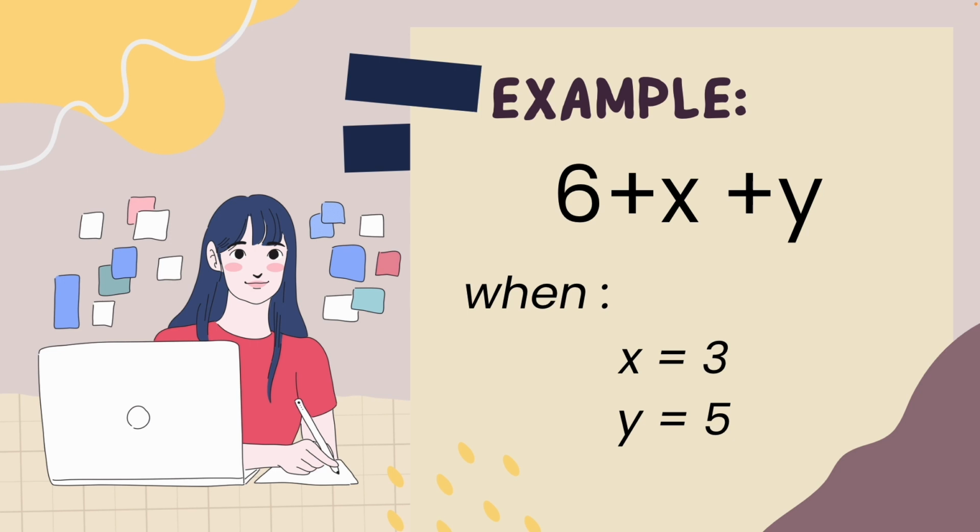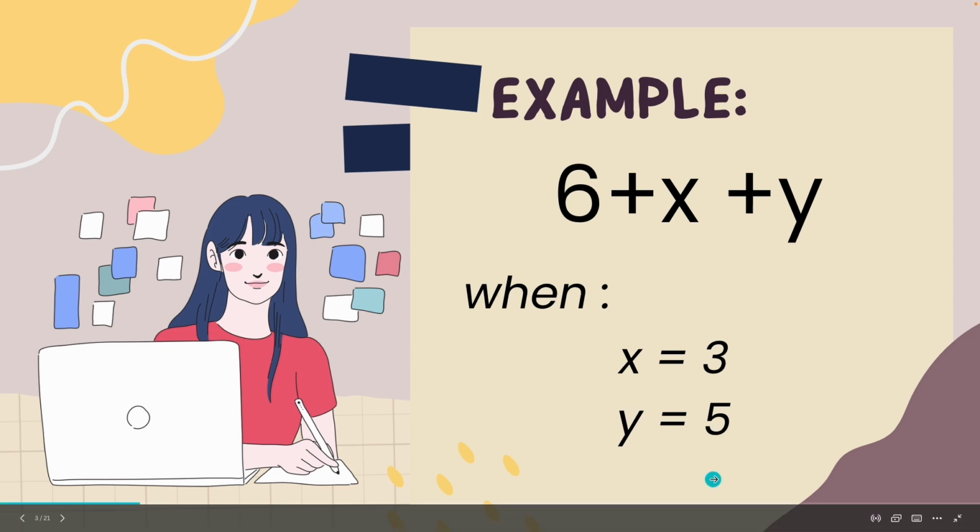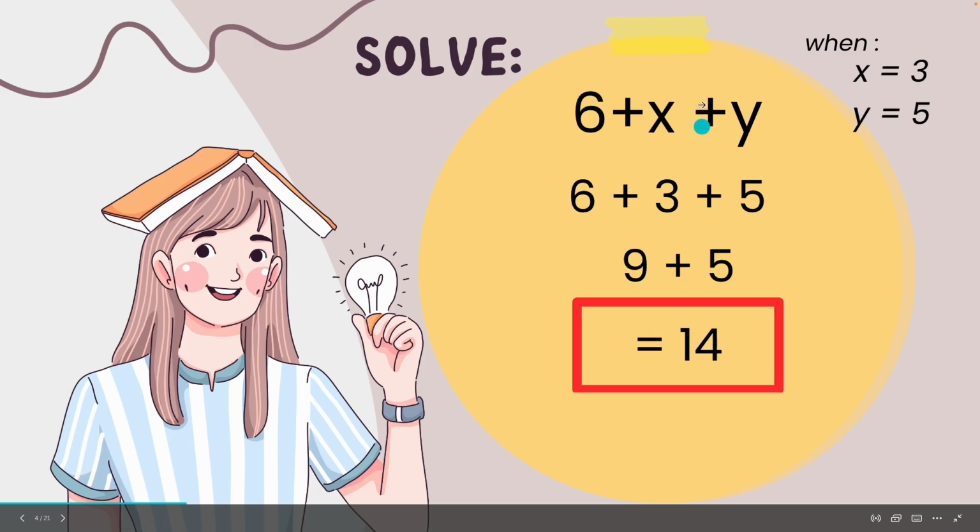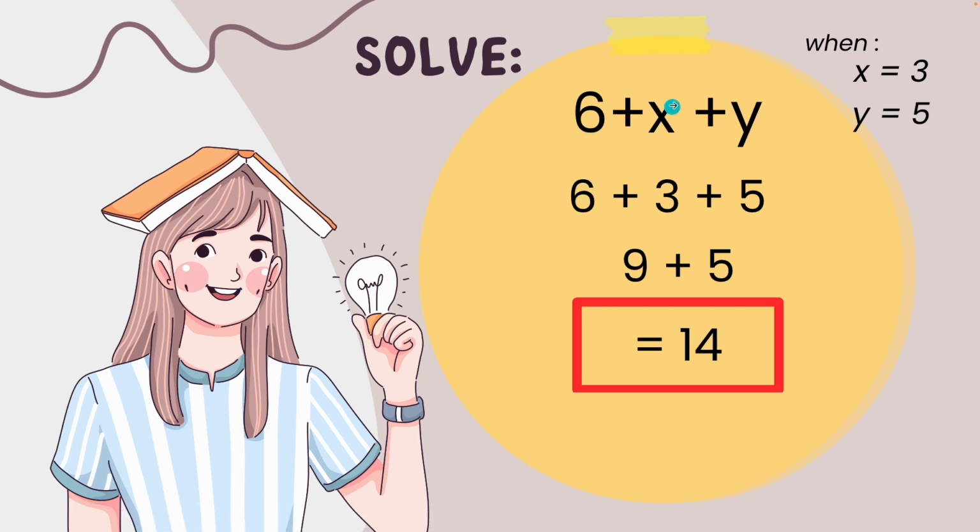For example, we have here an algebraic expression 6x plus y when x is equal to 3 and y is equal to 5. So how are we going to solve for that? First, we have to substitute the variable to the given constant that we have here. So if x is equal to 3, then we substitute it to 3, and then y substitute it to 5.